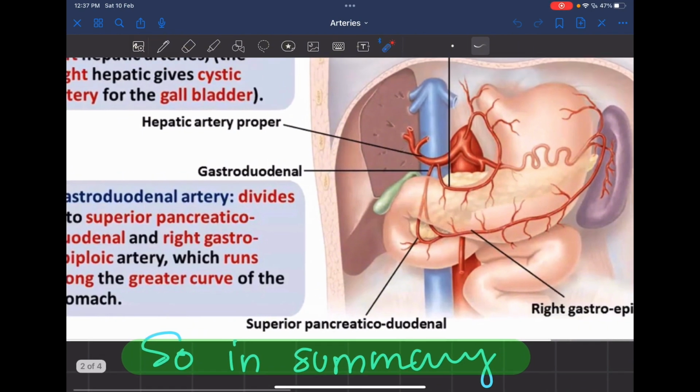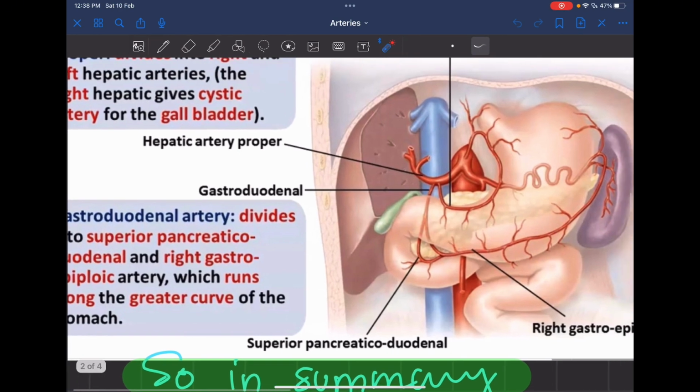And the third and the most important branch of the common hepatic is the proper hepatic. And from the name you can guess proper hepatic means it's solely to the liver. However, I've seen some resources that say that the gastroduodenal comes out from the proper hepatic. However, that's not very significant information, but we need to consider that we have three branches and one of them is the proper hepatic.